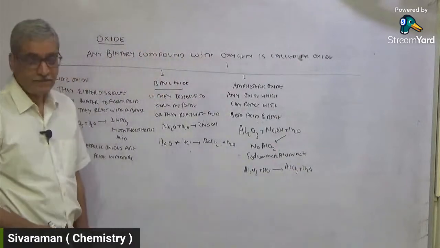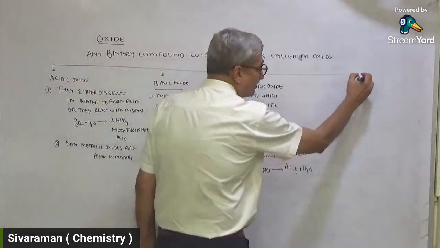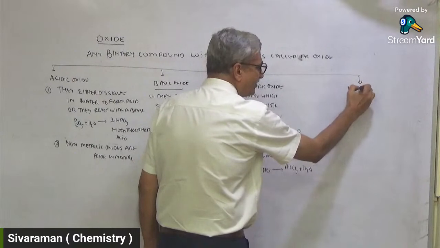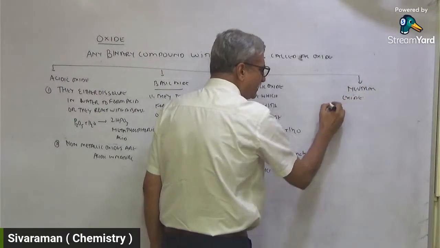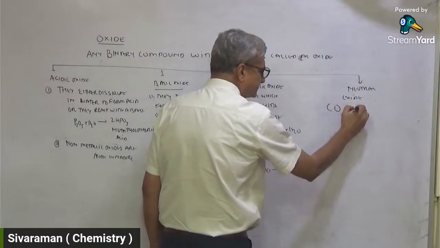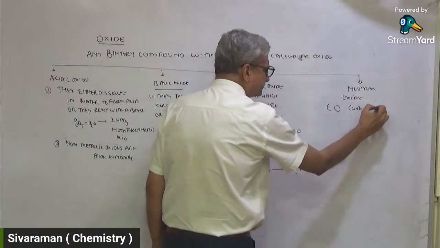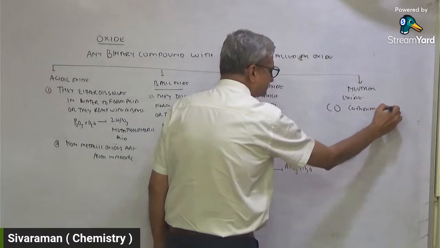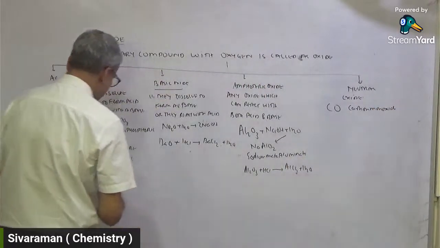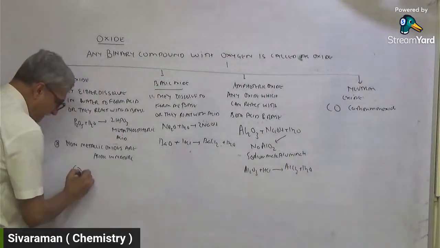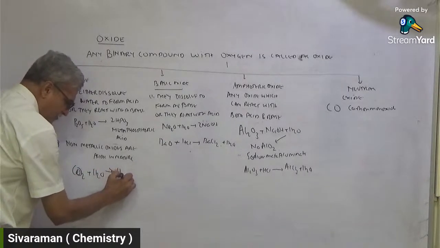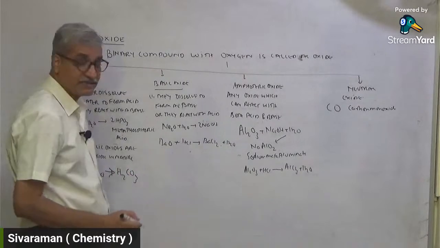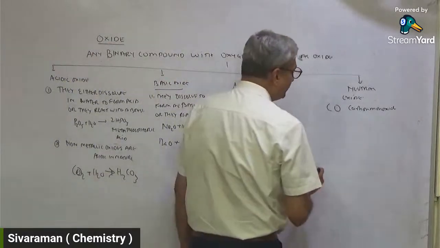Then the last one is neutral oxide. Basically, it's neutral to litmus. Carbon monoxide is neutral. Carbon dioxide is an acidic oxide: carbon dioxide plus water forms H2CO3, carbonic acid, but carbon monoxide is a neutral oxide.